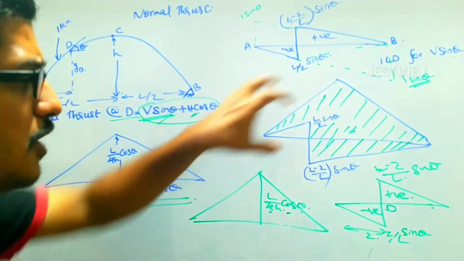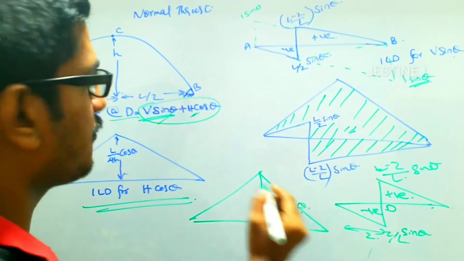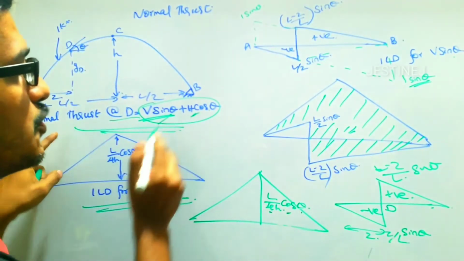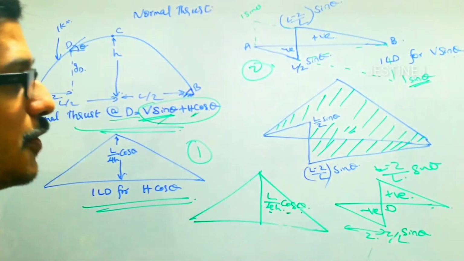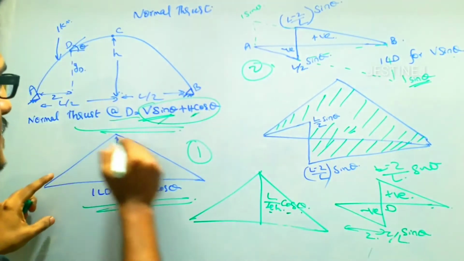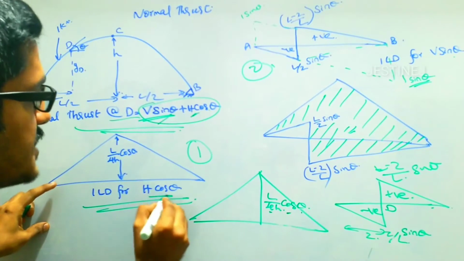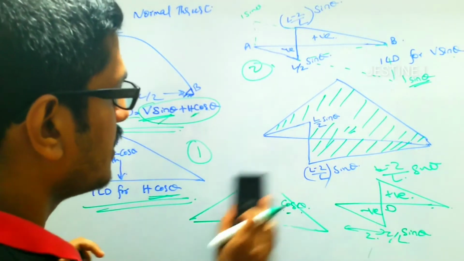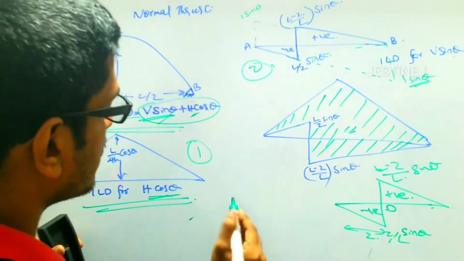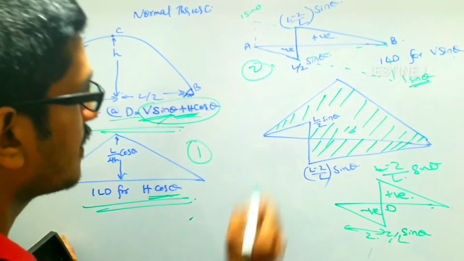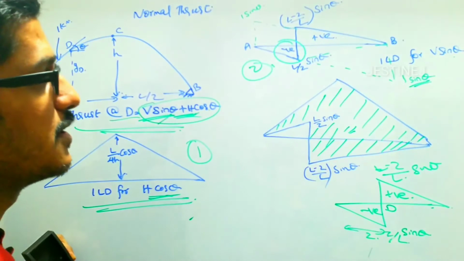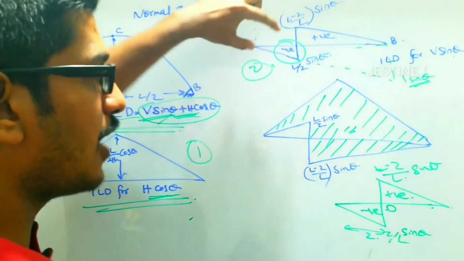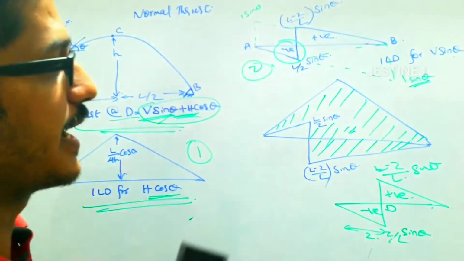So for finding out the ILD for this normal thrust, you have to superimpose this first diagram plus this second diagram. First you have to draw this triangle shaped diagram, that means the H cos theta diagram. It is given as a summation, but when you superimpose there is a negative case. In that case you have to reverse this diagram.